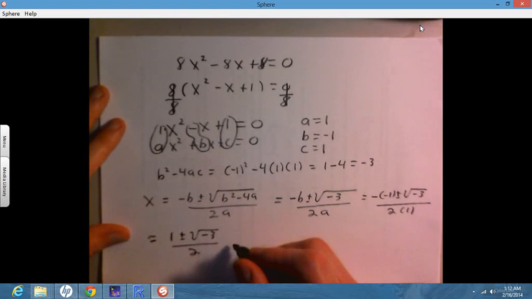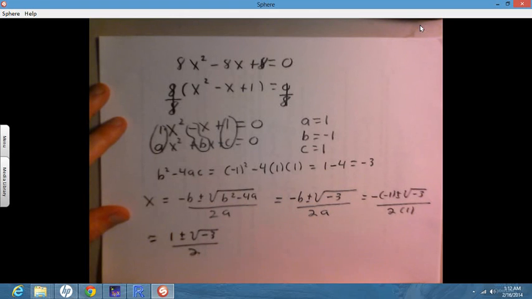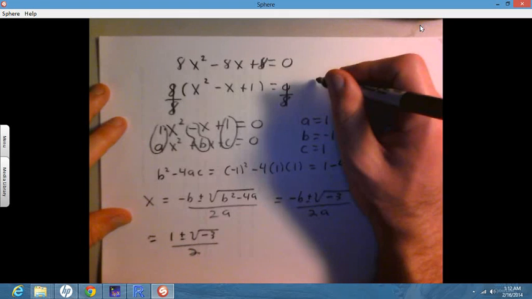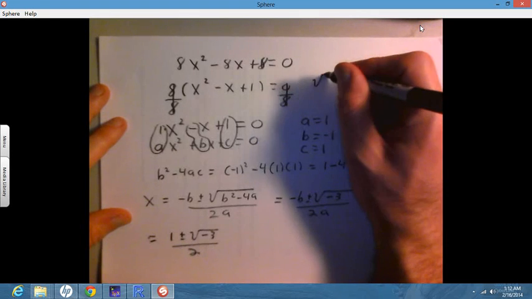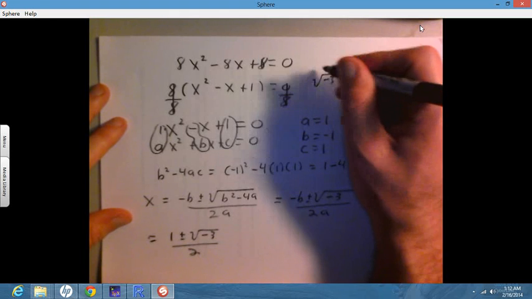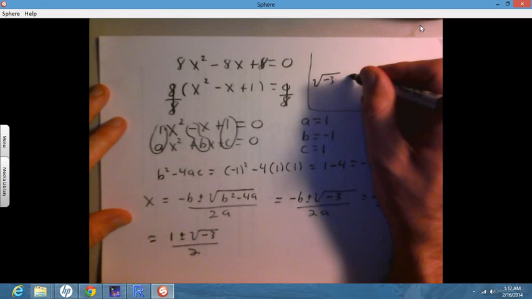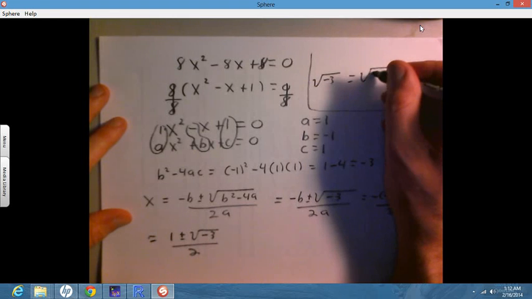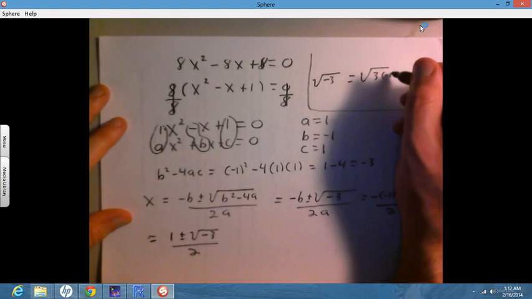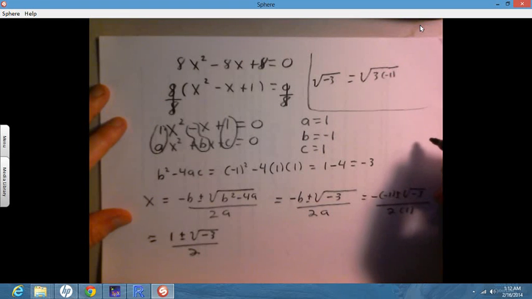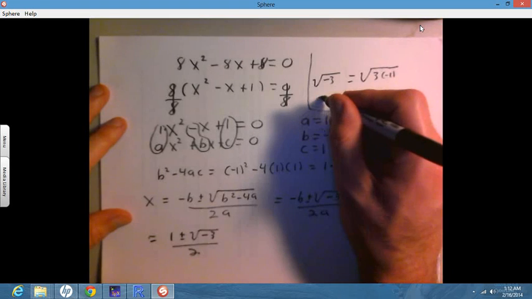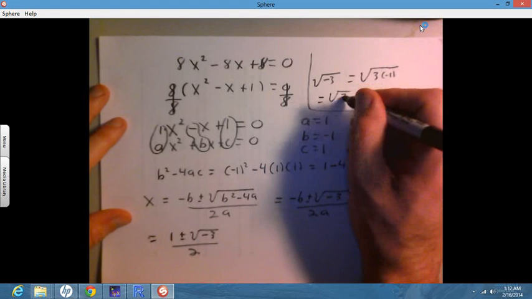So before I continue, that's my answer, but I have to keep going. I'm going to notice that the square root of negative 3, I'll do it up in this box over here, is equal to the square root of 3 times negative 1. But I can always separate square roots of products, so this would be equal to the square root of 3 times the square root of negative 1.